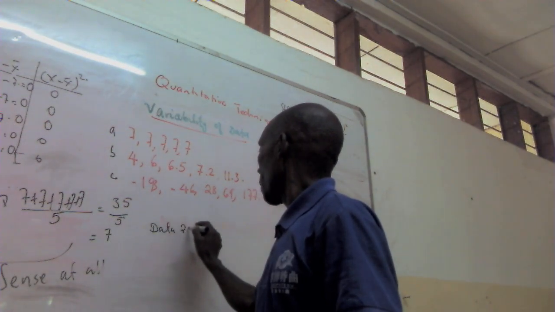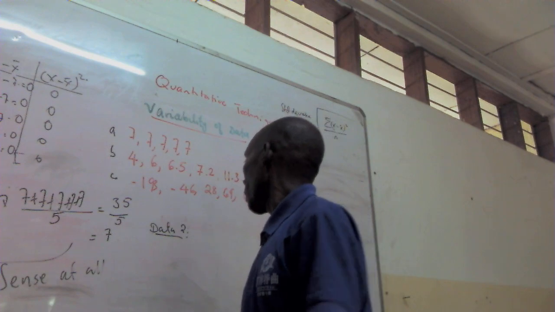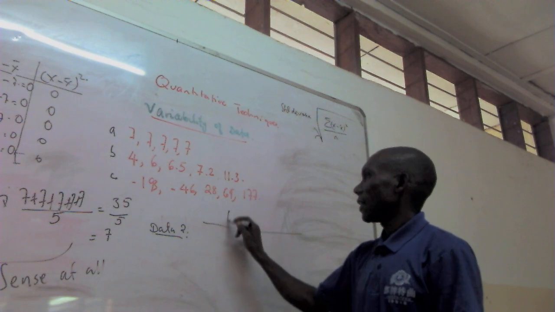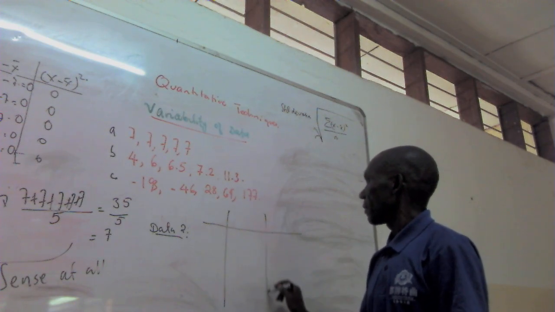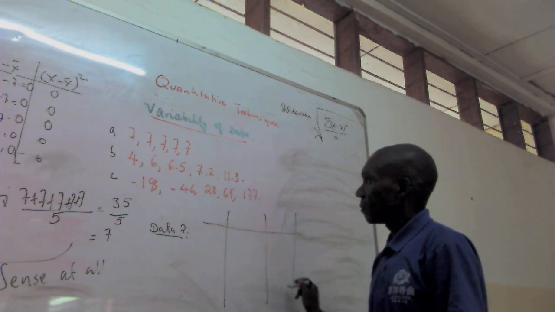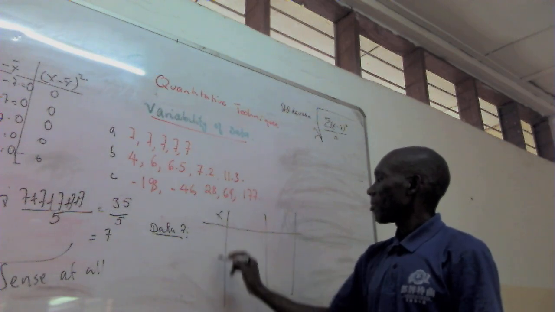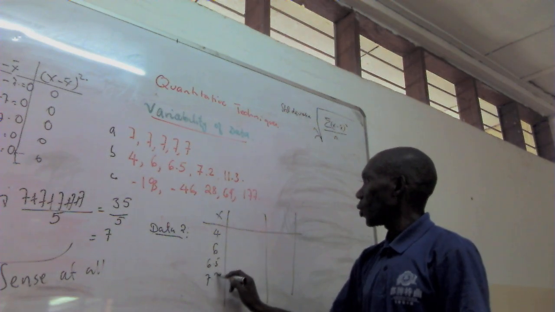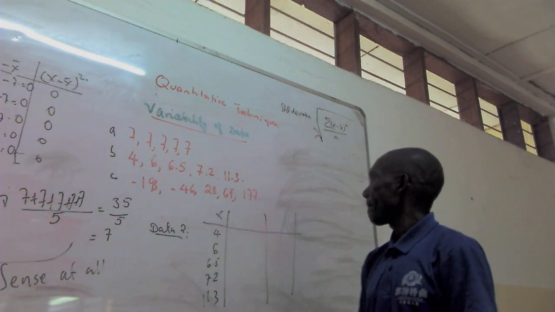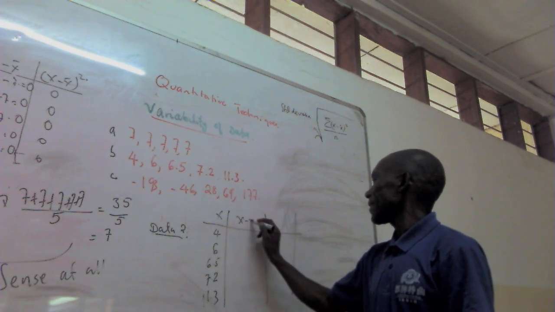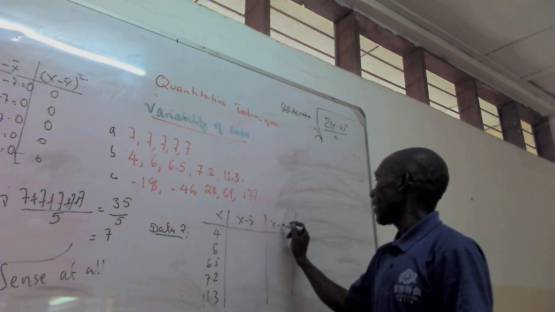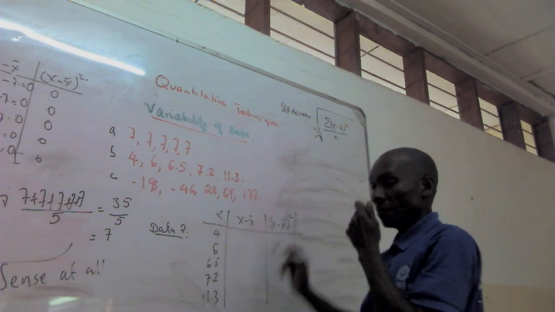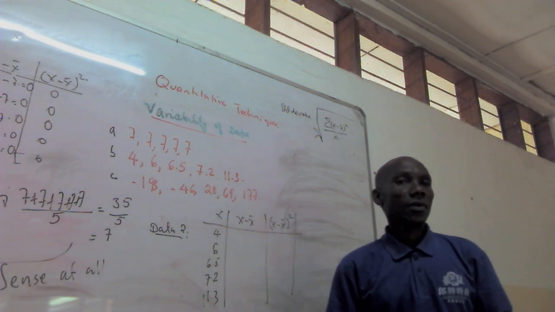Data 2. X: 4, 6, 6.5, 7.2, 11.3. Then X minus X bar, and X minus X bar squared.